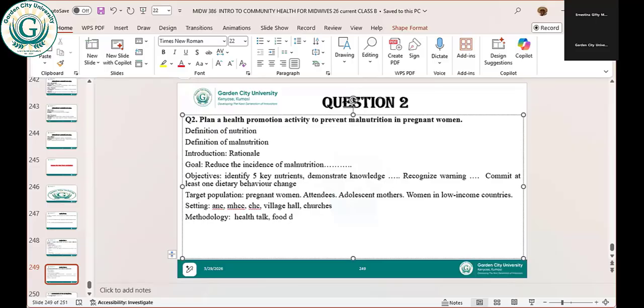And then food plate display. Then group discussion. And then the question and answer session. And the last, handout distributions.